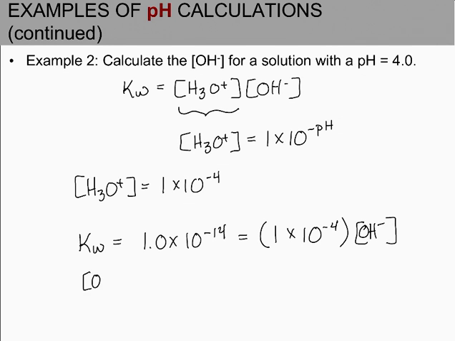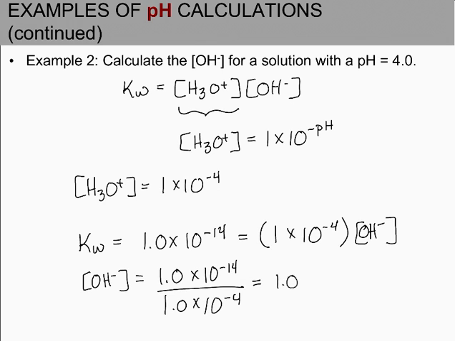All right, so OH minus, or its concentration, will be equal to 1 times 10 to the negative 14th over 1 times 10 to the negative 4th. All right, so that should give us a value of 1 times 10 to the negative 10th moles per liter.